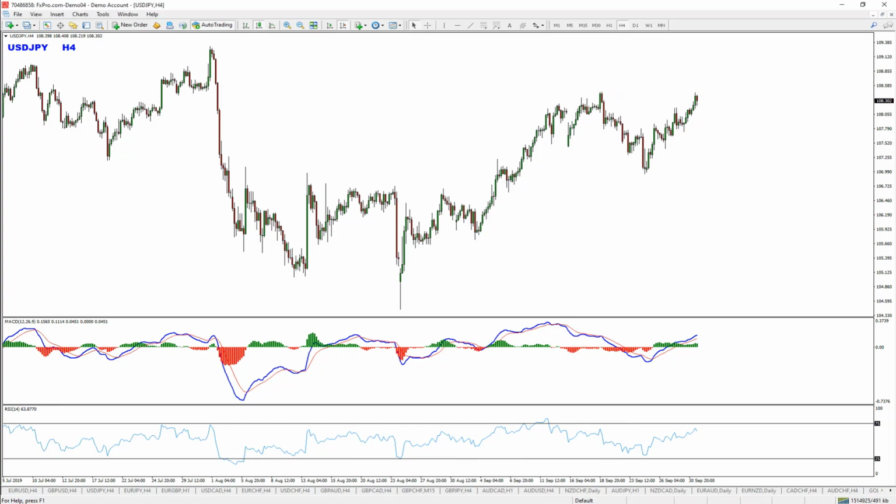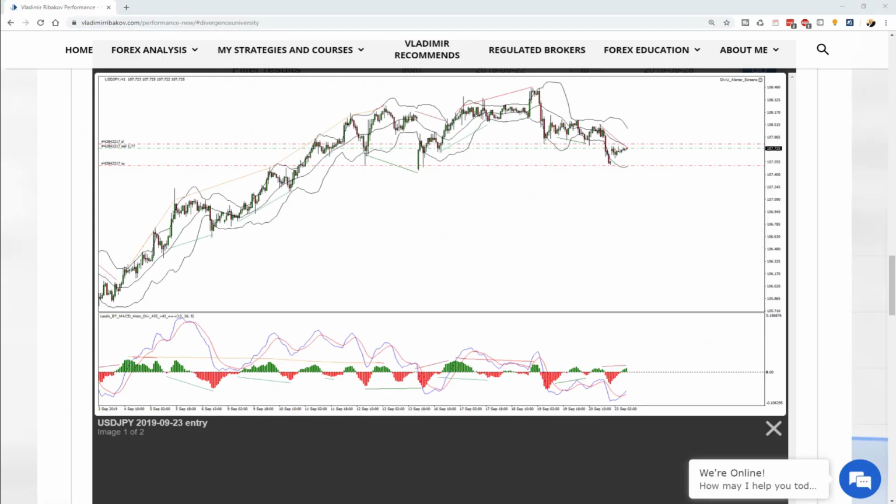And this is why we saw the initial push, consolidation, next push, consolidation, and this time the consolidation appeared in some sort of flat correction as well.